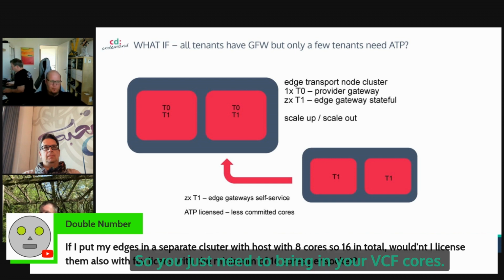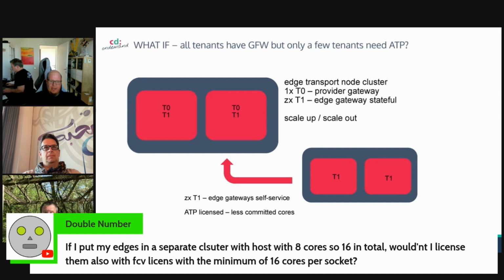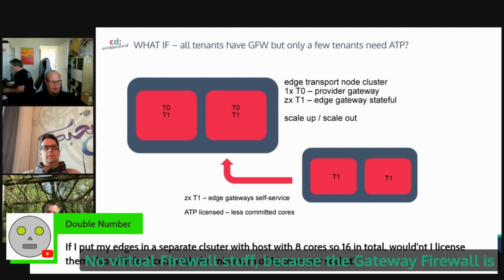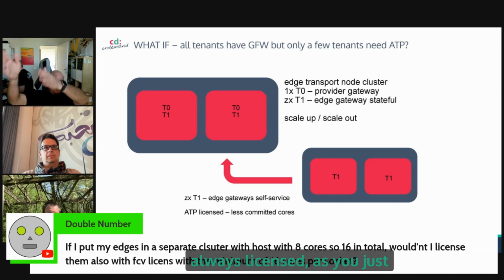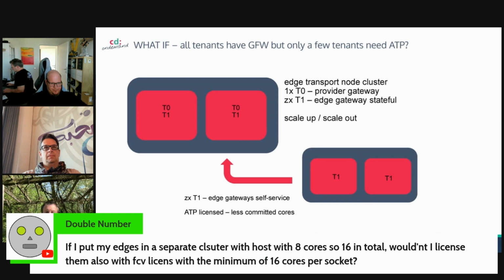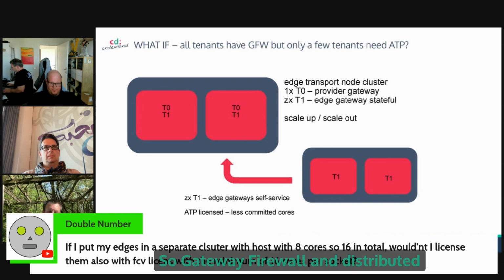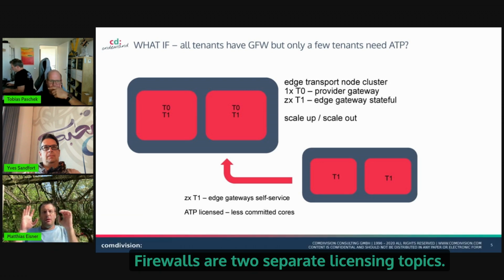So you just need to bring in your VCF cores. Correct. Because the Gateway Firewall is always licensed, as you just mentioned, with the edges. Exactly. So Gateway Firewall and distributed firewall are two separate licensing topics.